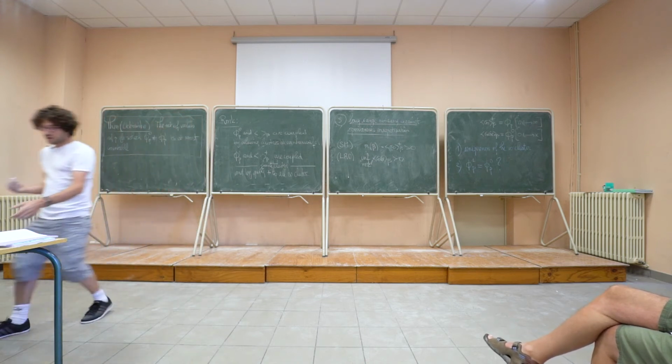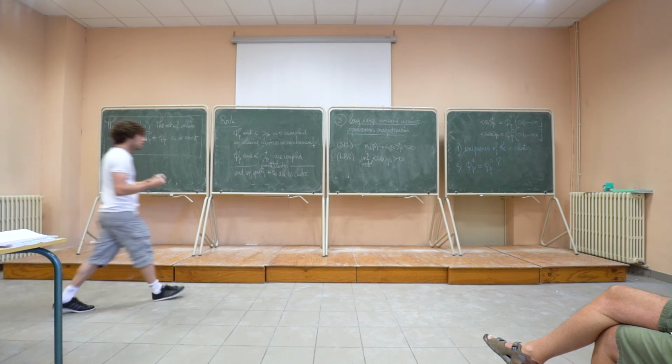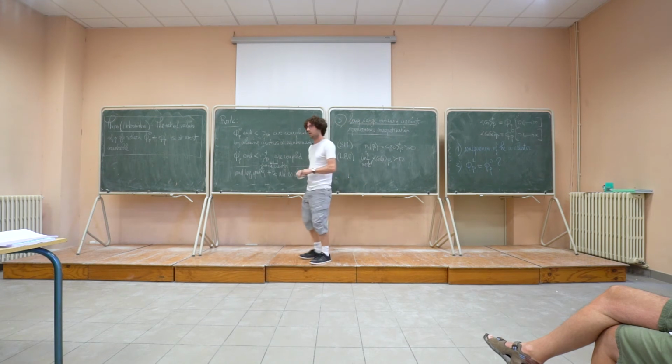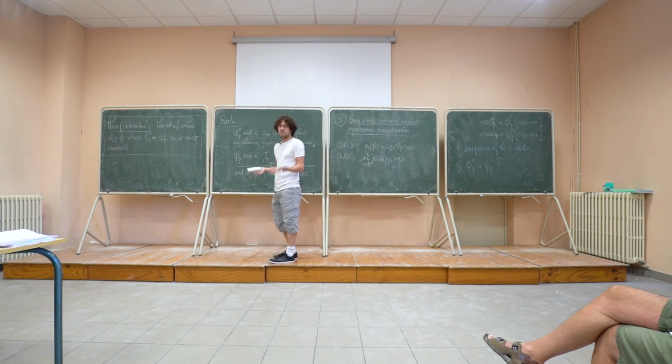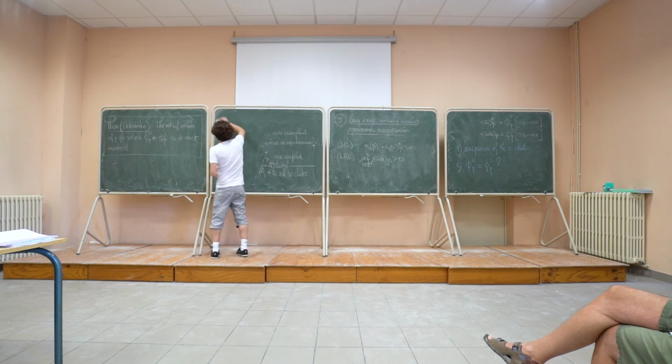The reason why there are only countably many points for which a convex function is not differentiable is that its derivative cannot be discontinuous in more than countably many points.